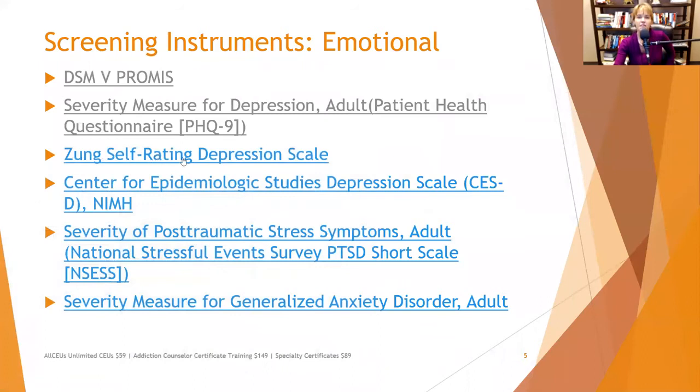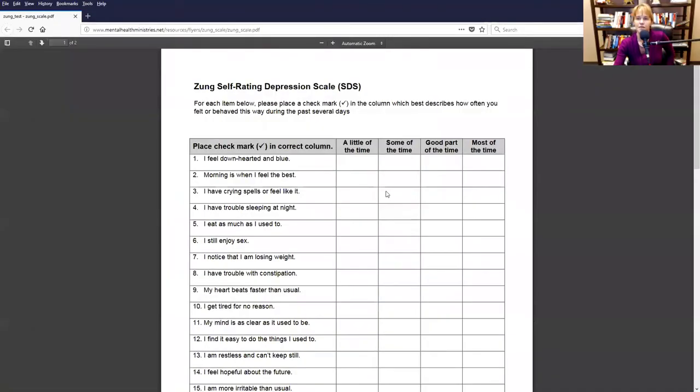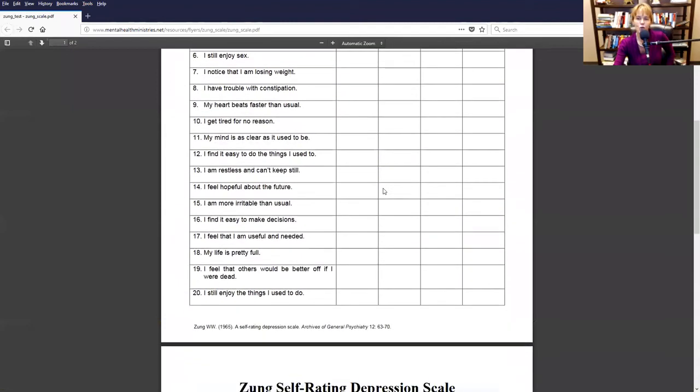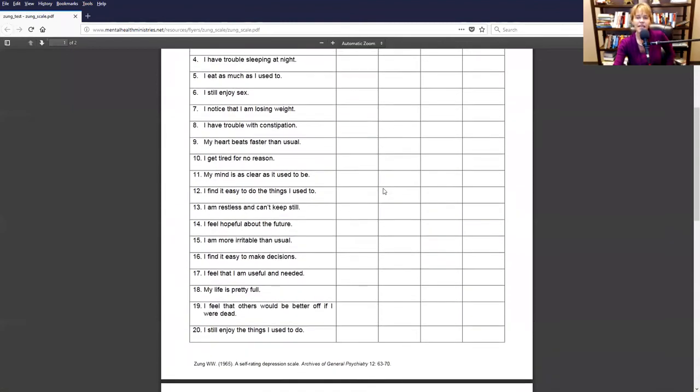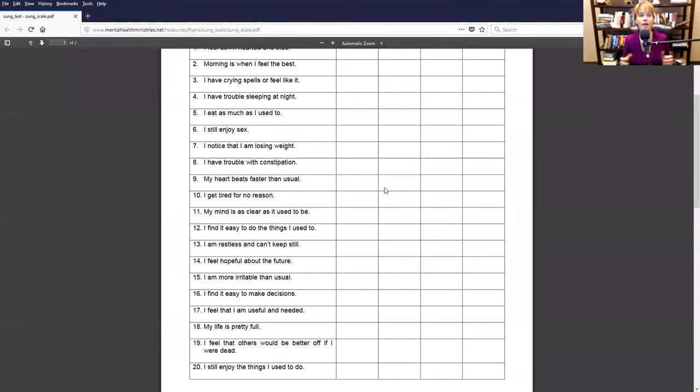The Zung self-rating depression scale, I really like this one. It has a lot more questions, 20 questions, but it gives you a broader sampling of things that may be being disrupted, so you can identify depressive symptoms.